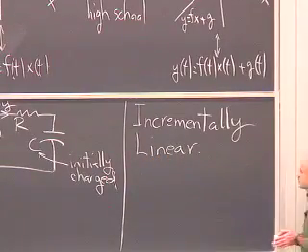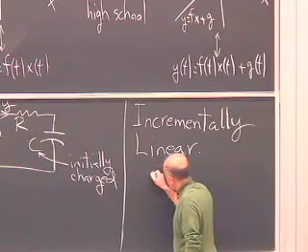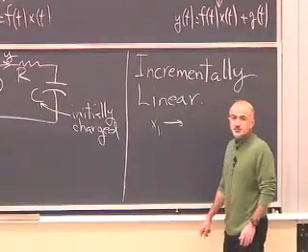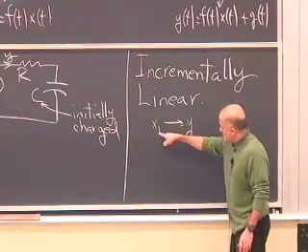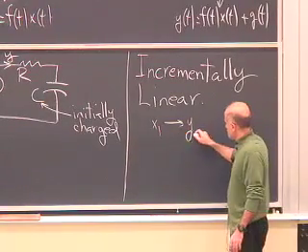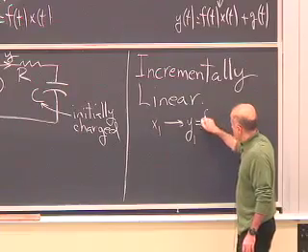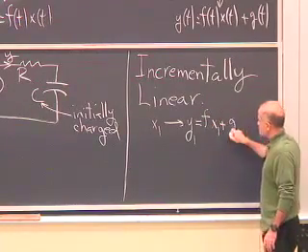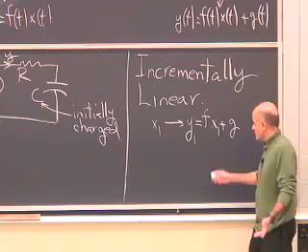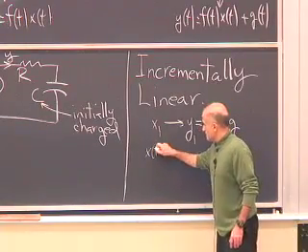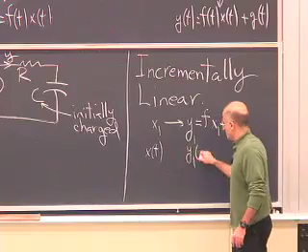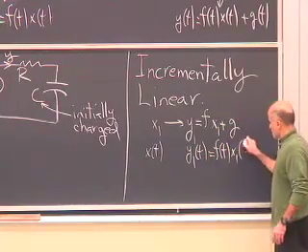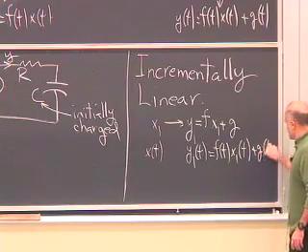Why? Well, if I give this system a first input signal x1, the corresponding response will be f x1 plus g. And if I want to write it explicitly in terms of time, y1 of t is f of t x1 of t plus g of t.